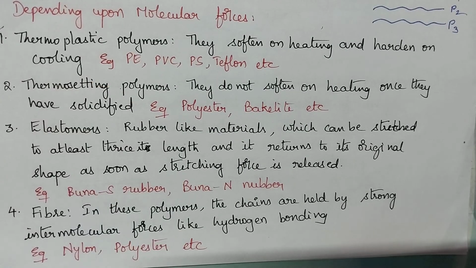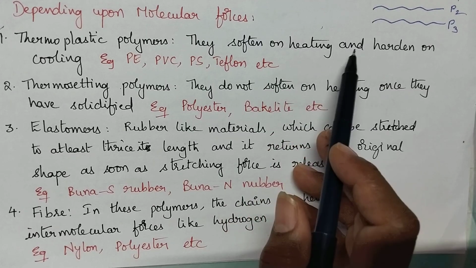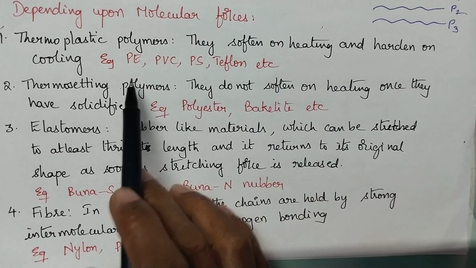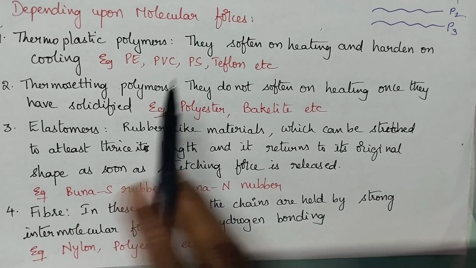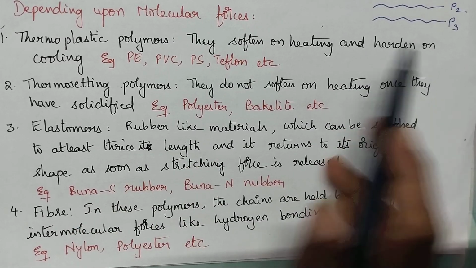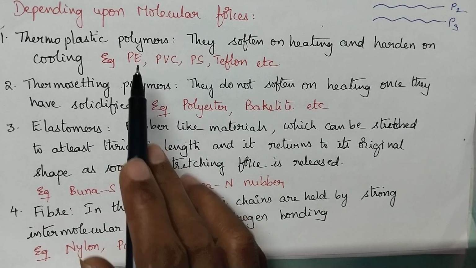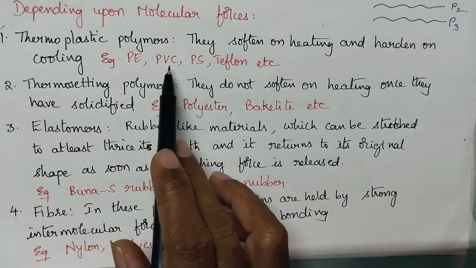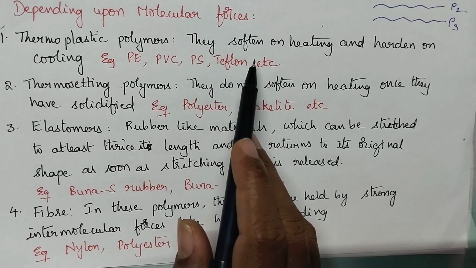First one being thermoplastic polymers. Thermoplastics soften on heating and harden on cooling. So those polymers which soften on heating and harden on cooling are called thermoplastics. They generally include polyethylene, polyvinyl chloride, polystyrene, Teflon, etc.